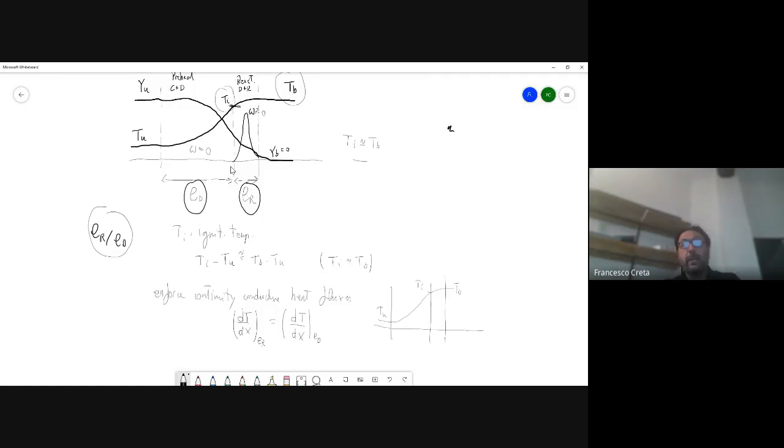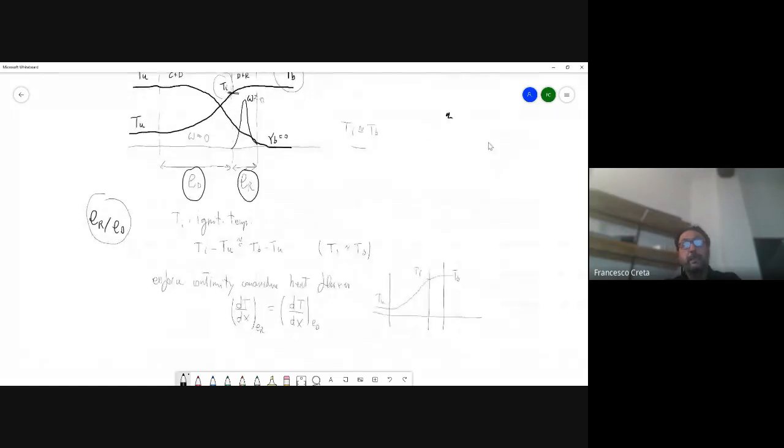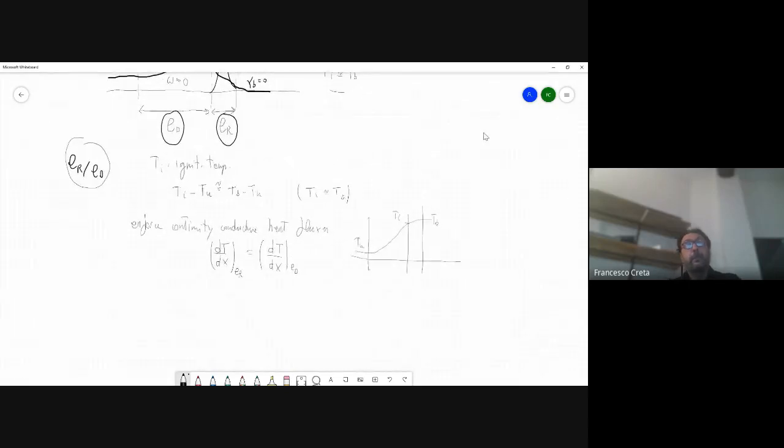How do we estimate these gradients of temperature? Well, dT/dx calculated in the reaction zone can be estimated roughly as TB minus TI, this difference here, divided by LR.